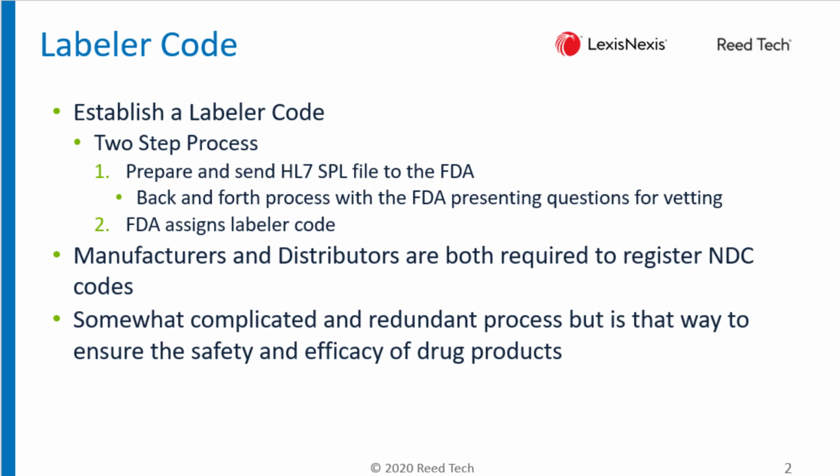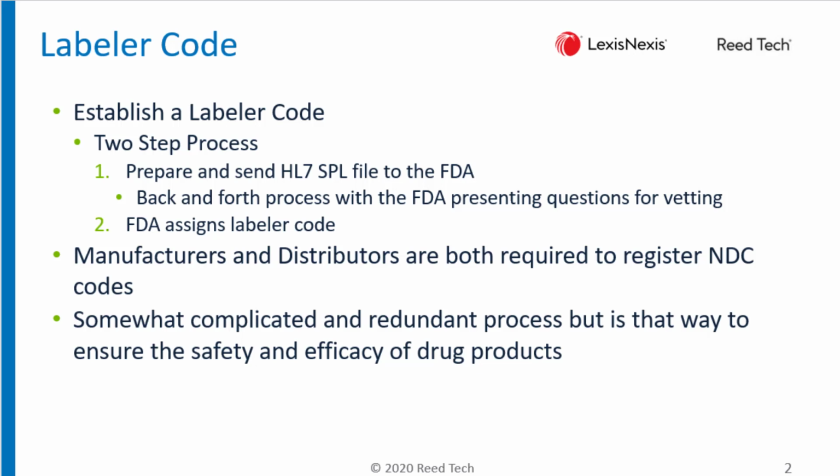Many times it will be private label distributors that are applying for new labeler codes. However, both the manufacturers of the products and the distributors of the products are required to register NDC codes, especially if those organizations are not one and the same, right? So if an organization is not manufacturing the product that they distribute, both the manufacturer and the distributor have to actually register NDC codes for that specific product.